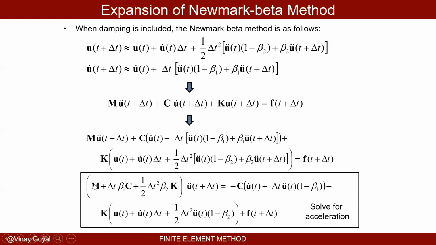Now notice I know M bold, I know delta t, beta 1, which is what beta method I'm using, C bold, the damping coefficient matrix, 1/2, I know delta t, I know beta 2. Notice how beta 2 shows up now. And K bold. I know all this stuff on the right hand side. So I can then solve for acceleration, which means I have to invert this and do that work, right?